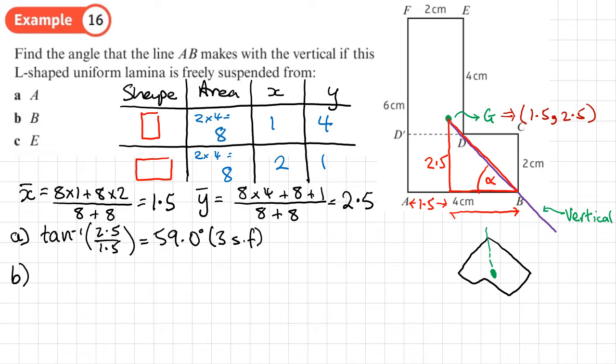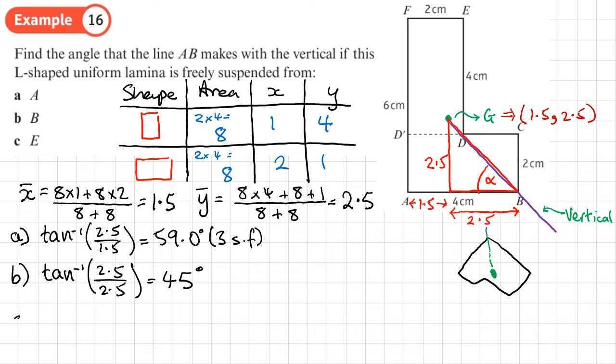So it's going to be 4 minus 2.5. So this is going to be 2.5 here. So that angle is going to be the tan inverse of 2.5 over 2.5, 45 degrees. So we don't really need to work that out, because if it's a right angled isosceles, it's got to be 45 degrees. So that's 45 degrees.